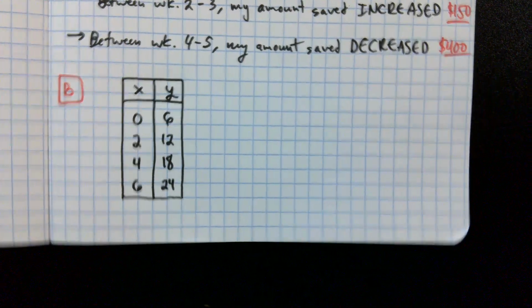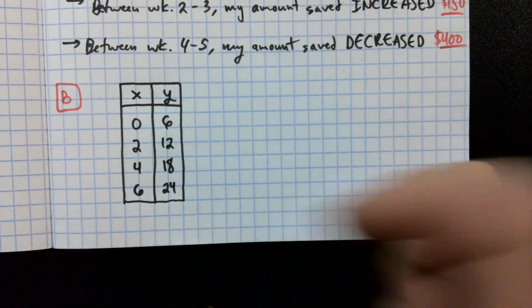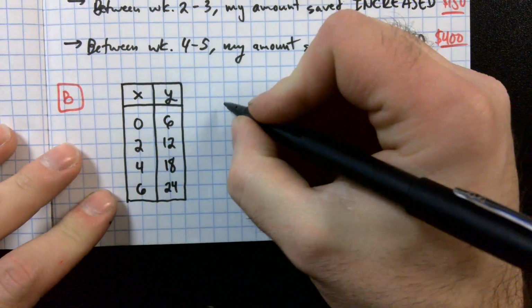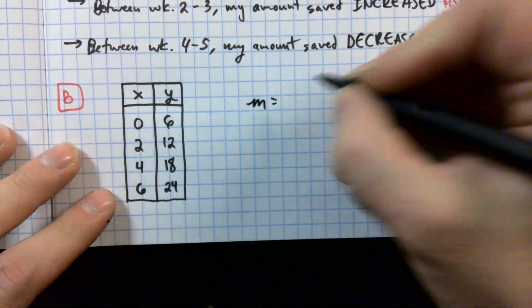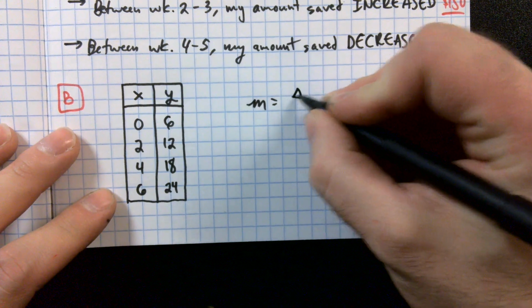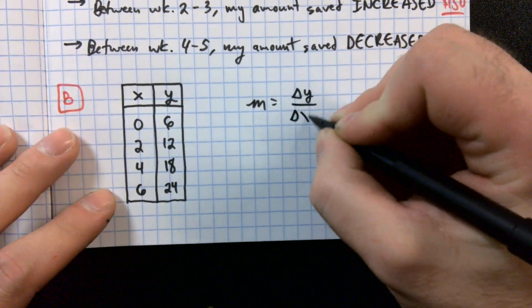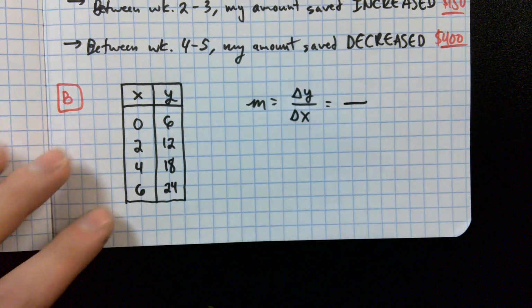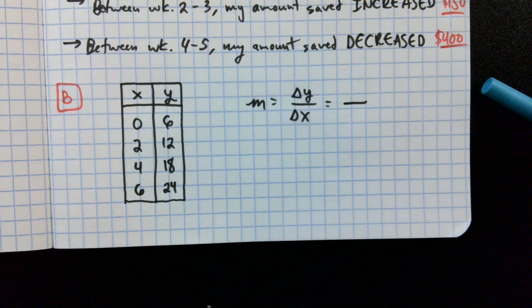Everybody got this table copied down? Yeah. Okay. So for a table, my m, or my slope, is equal to the change in y over the change in x. How can I find what my change in y here is?